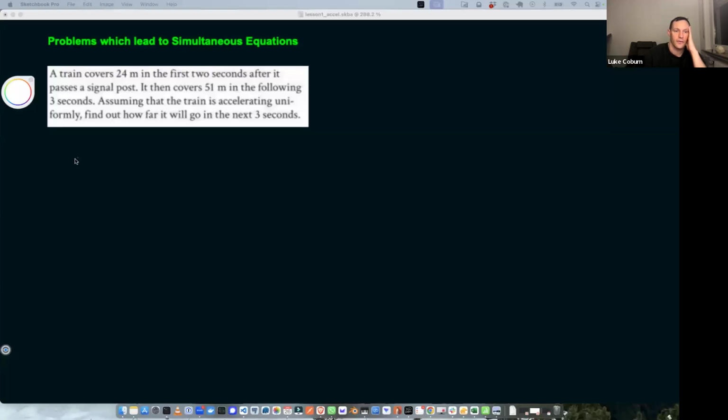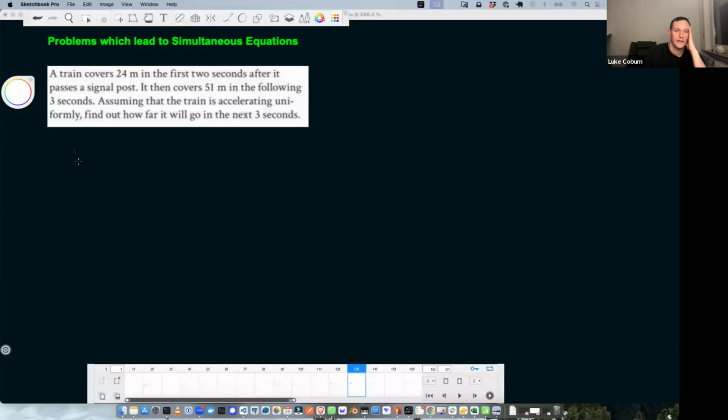So let's write down, let's say there's going to be a part one of the journey. For the first part of the journey, there's going to be an S1, which is 24, and there's going to be T1, which is equal to 2. And then it says it then covers 51 meters in the following 3 seconds.